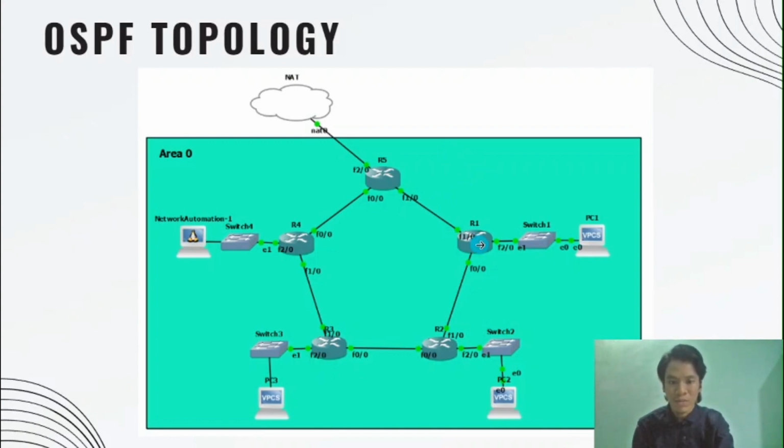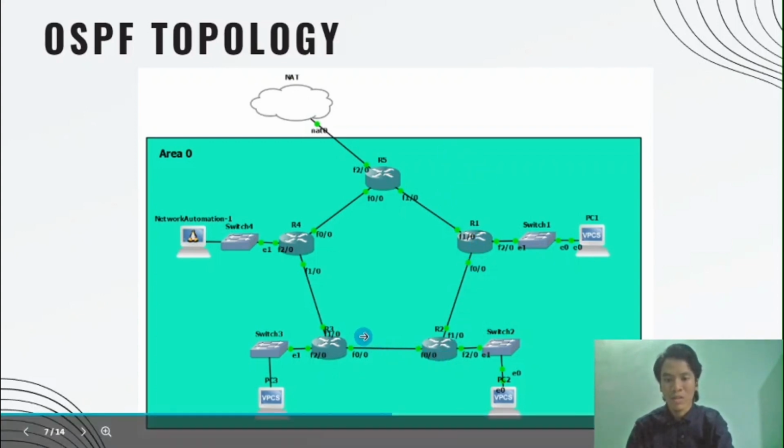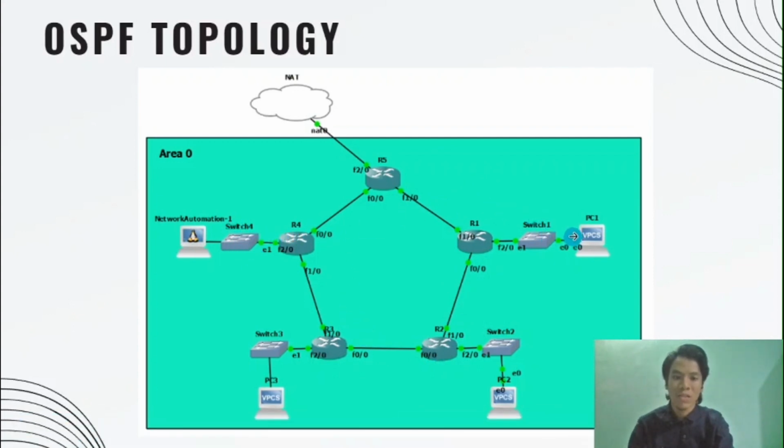There are 5 routers in our network topology alongside a switch for each individual router and an end device for each router. There is also a network automation device in R5 where we will input the automation script that will be sent to each router for the OSPF automation.